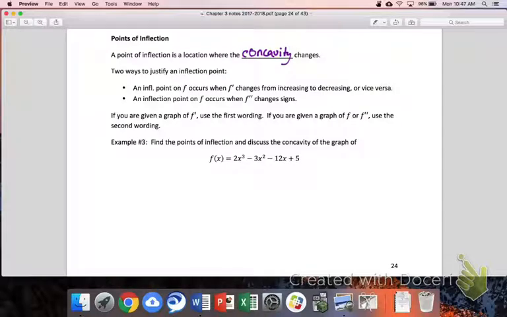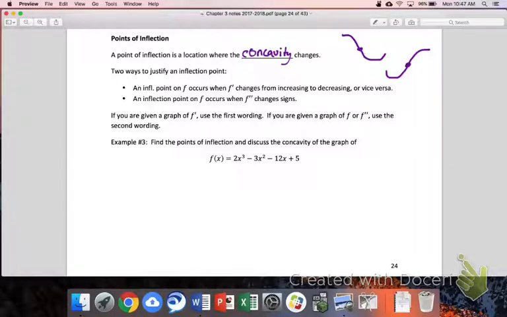So in other words, it's where the graph goes from concave down to concave up. It would be like right in there. Or concave up to concave down. Right in there. So those are points of inflection. It's where the graph kind of bends from concave up to concave down, or the other way around.